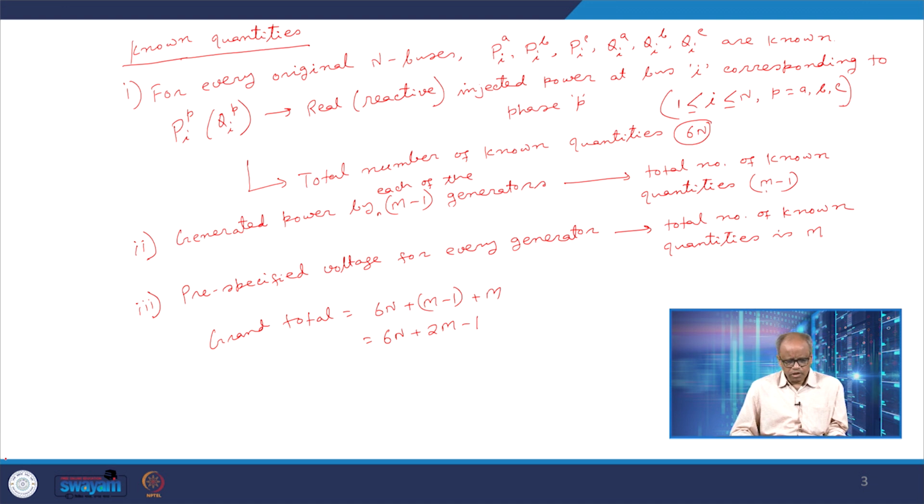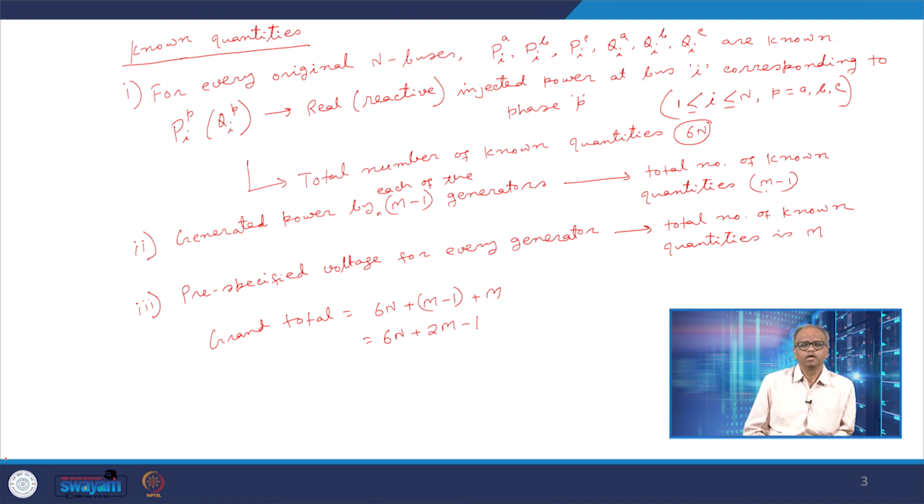And so, therefore, the total number of known quantities here we are essentially getting as 6n, and then we also know the generated power at each of these m minus 1 generators, because as we already said, if I have got a total of m generators, then of course we really cannot pre-specify the real power generated by each of these generators.